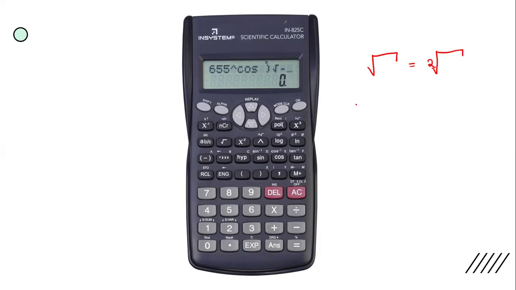So if we're finding the square root of a number, we simply click on this button and then click on the number that we want to take the square root of. So if we want to take the square root of 9, we click on this button first, and then we click the 9 and our equal sign. Some calculators would not need you to click the equal sign, but if you need to, just click on the equal or enter sign.